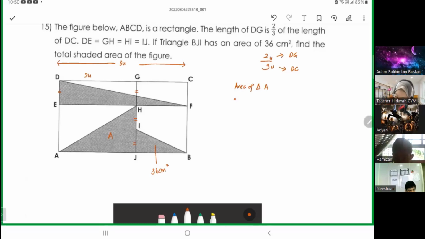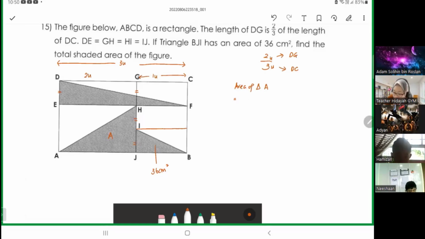If you see BIJ, I can complete it like this. Can you see? So 2 times this is a rectangle, right? Because this length is 1 unit, this whole rectangle portion is 1 unit, and this is 2 units.